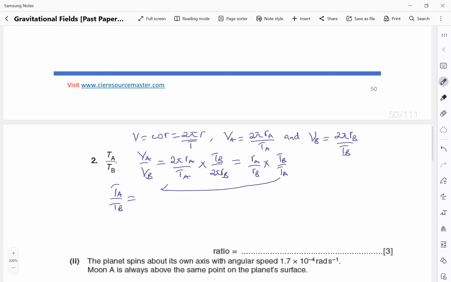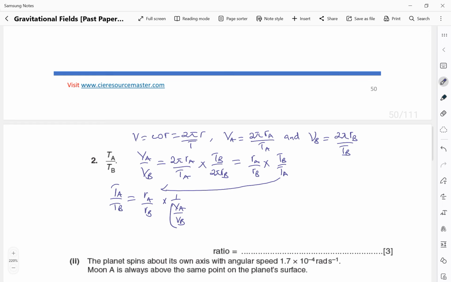So TA over TB is going to be equal to RA over RB, then times the reciprocal of this, which is 1 over VA over VB.